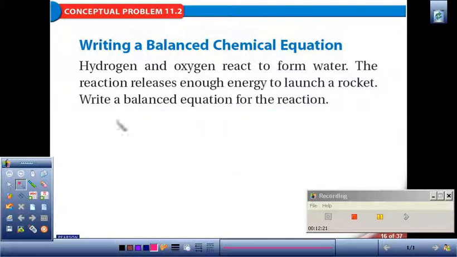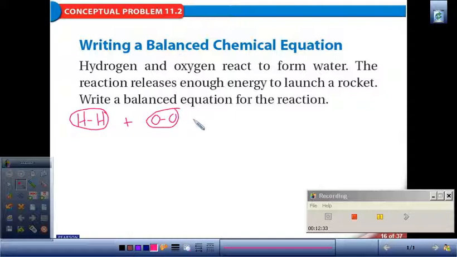Just to show you what's going on graphically, I said I got a hydrogen plus an oxygen. That's a molecule and a molecule. It's going to give me H2O. That's my skeleton equation, but you see it's not balanced. I have 2 coming in, but only 1 going out.